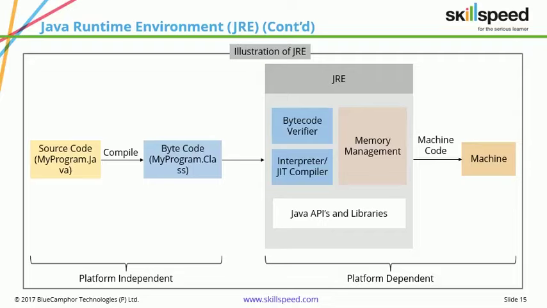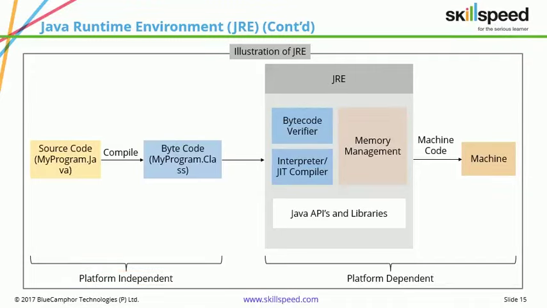Now look at the architecture of JRE, the Java runtime environment. We already spoke about the JVM, and because JVM is the internal part of the JRE, you can look at the part where we have the platform independent thing, which is the generation of a new file from the .java file.